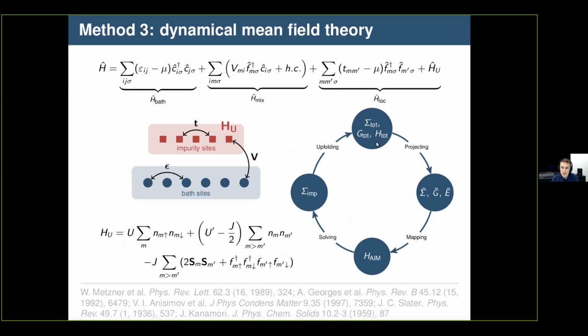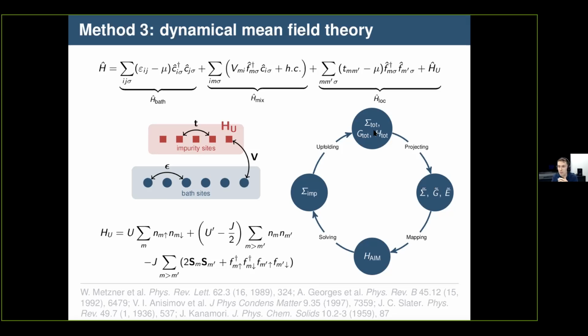We start off with some Hamiltonian for our system calculated with density functional theory. We could trust DFT to do the calculation for all of the ambient protein, but we want to apply dynamical mean field theory to deal with the correlated transition metal 3D subspace.